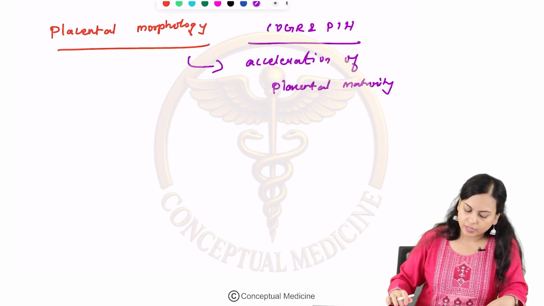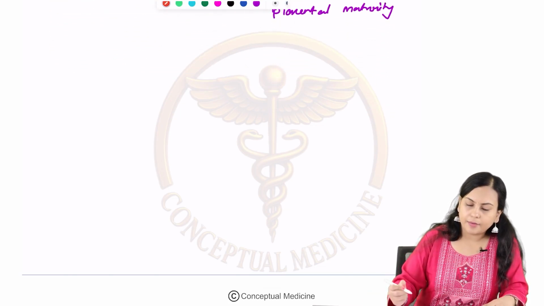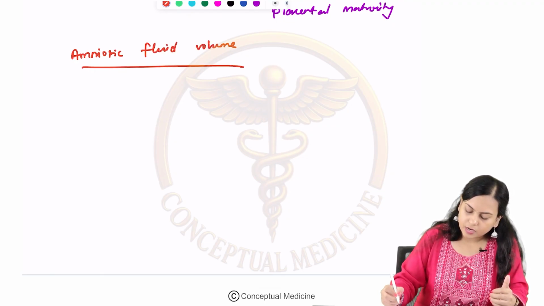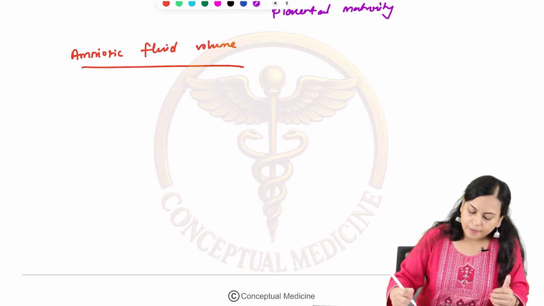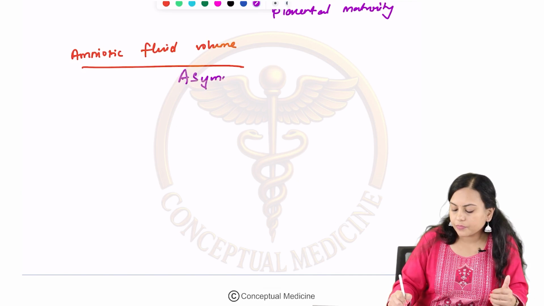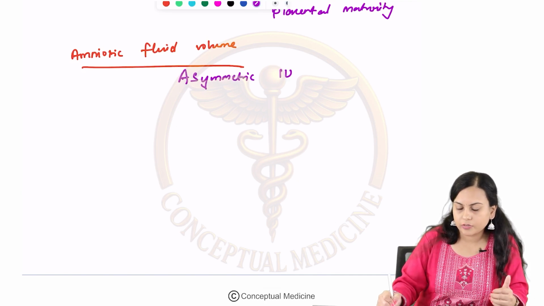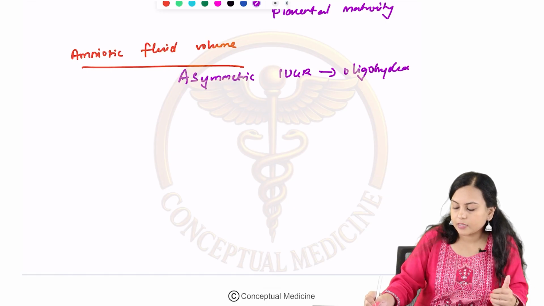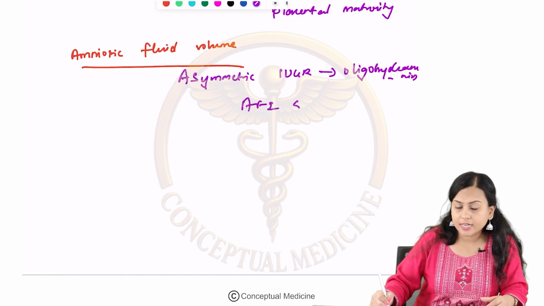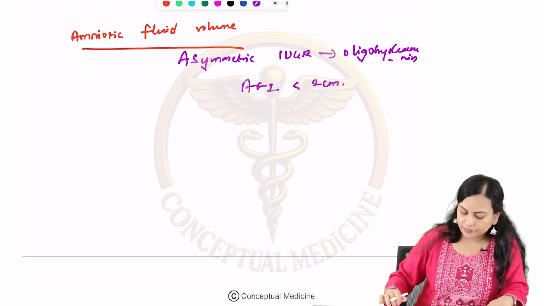Clear? Then we will see about the amniotic fluid volume. Usually, I have already told you, asymmetric IUGR is associated with oligohydramnios, right? That means AFI is going to be less than 2 centimeters.